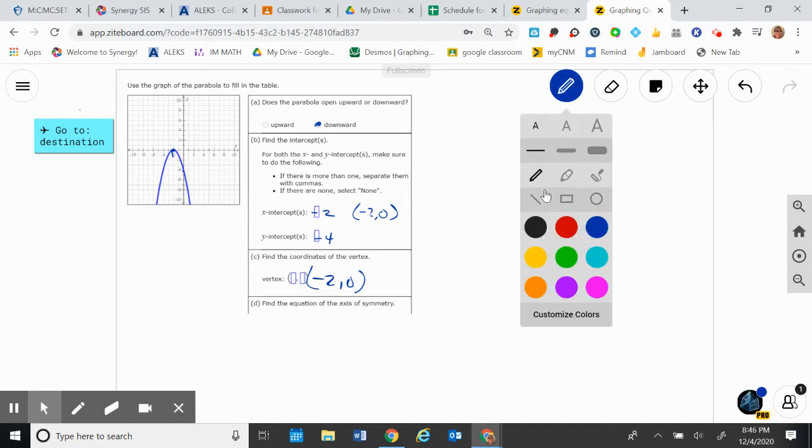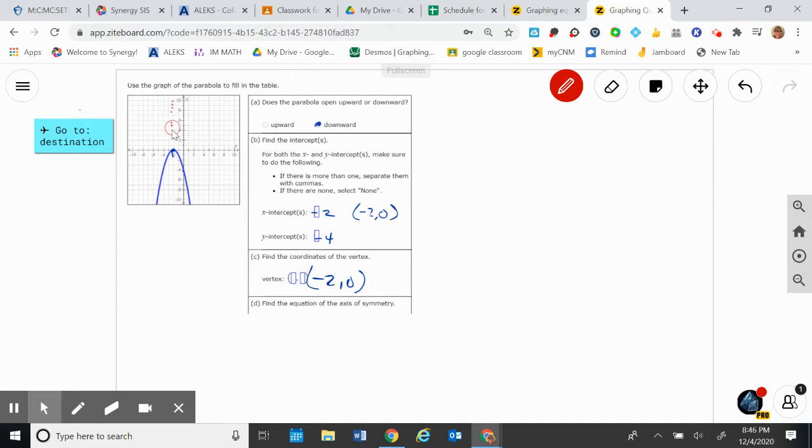Now, the axis of symmetry is an imaginary line that basically goes down through the vertex, where you could basically fold the parabola on top of itself. So as you can see, this is going to be x equals -2, because an x line goes straight up and down.